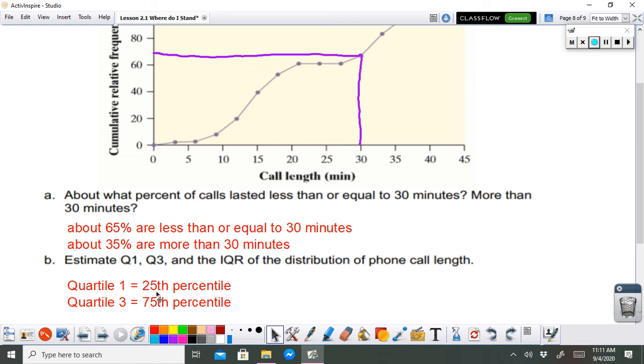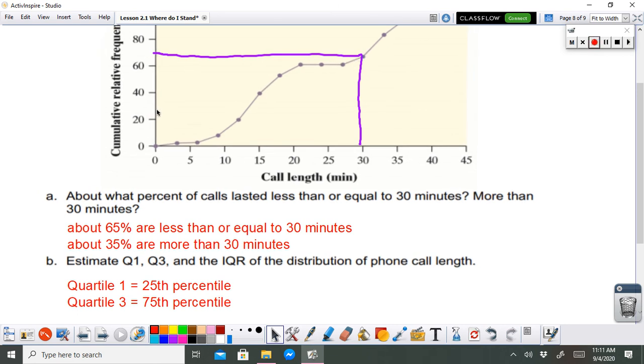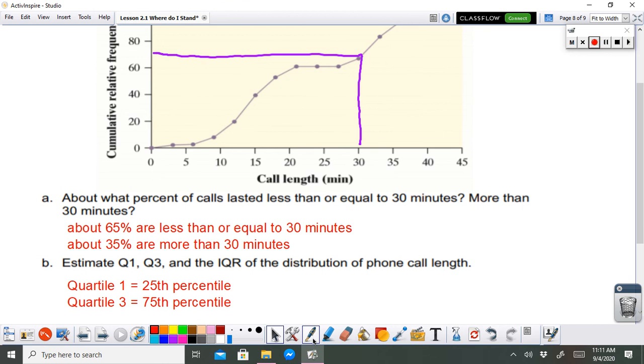So let us do that. Where would 25 be? Would 25 be around this area? So 25 would be around this area, and down. So about 13. Our Q1 is about 13, 25% of the distribution.